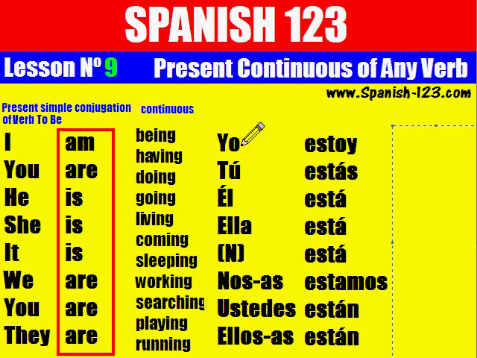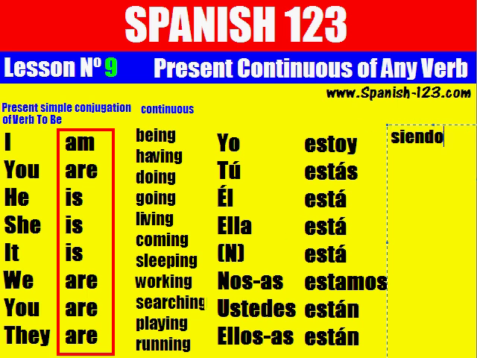Look, now you know the present continuous conjugation of verb to be, because that was on lesson number 8, right? You can remember that. Being, now you know that it is yo estoy, and the continuous, what was it? Yo estoy siendo.